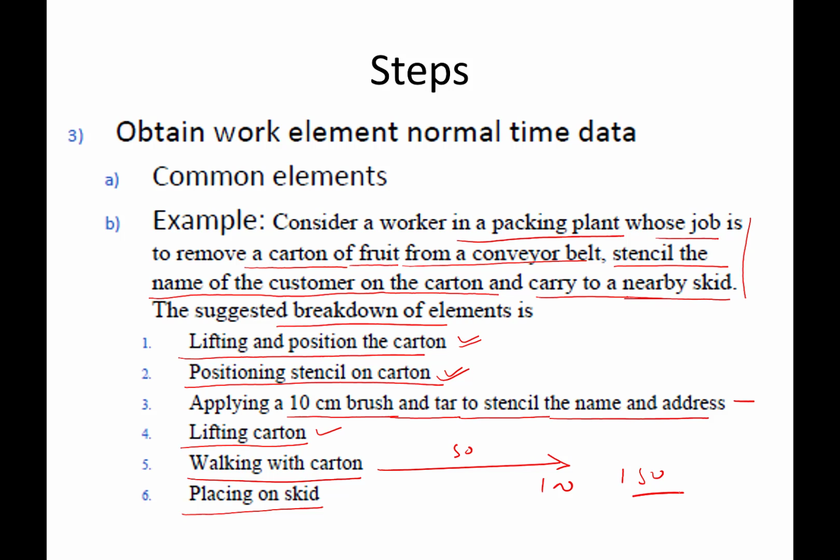So there are certain elements, certain activities for which time by and large will remain constant, and for those the time can be obtained from the database for a given type of activity, which was established through direct observation.